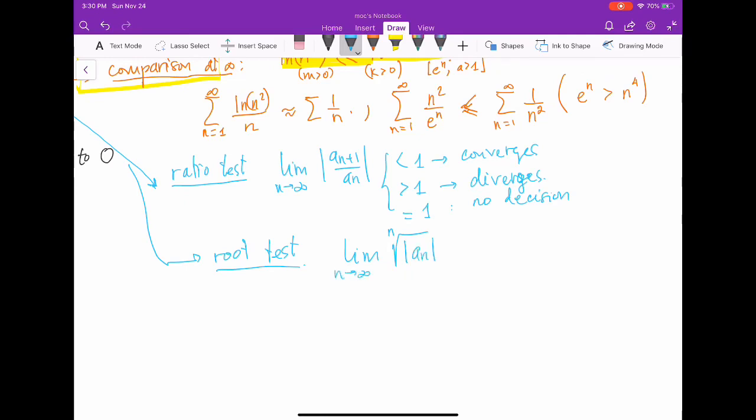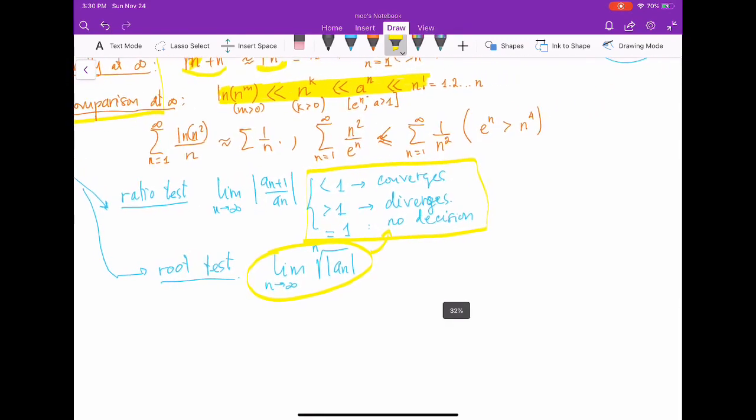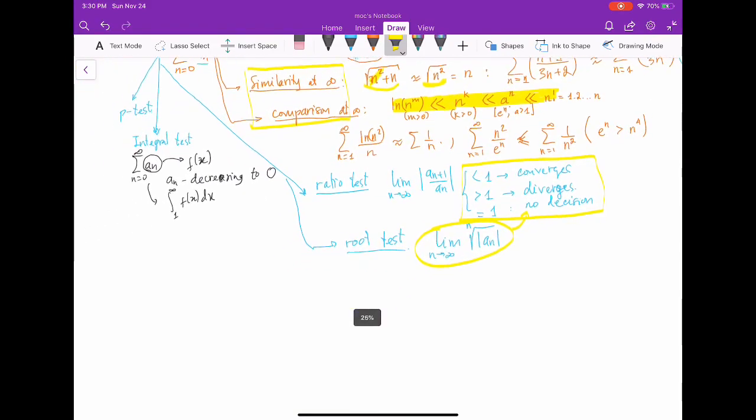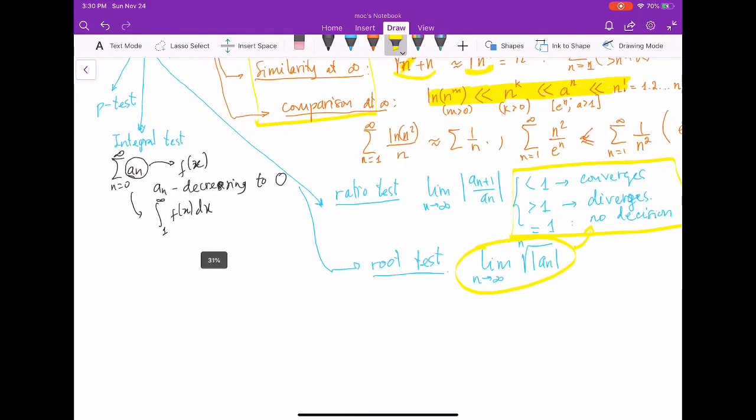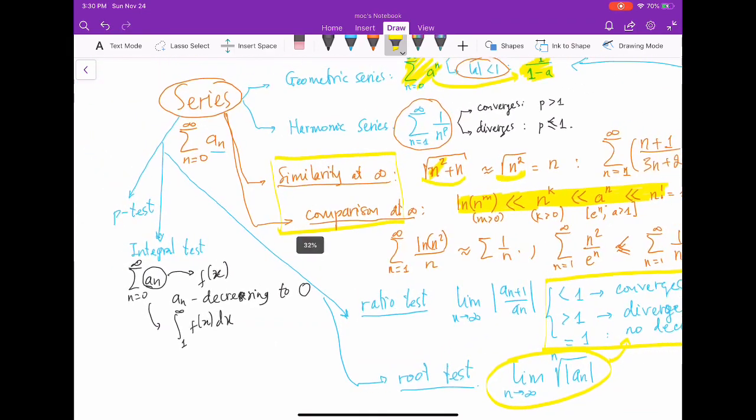And again, for this one, all these things are just a copy. So if this limit is less than 1, converge; greater than 1, diverge; equal to 1, no decision. So that is about the root test. Okay, I think that is all about numerical series. I hope that this picture is good enough.